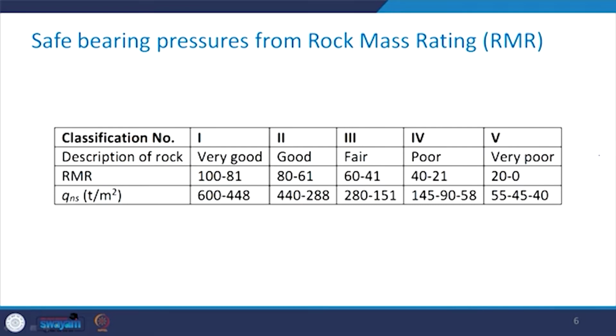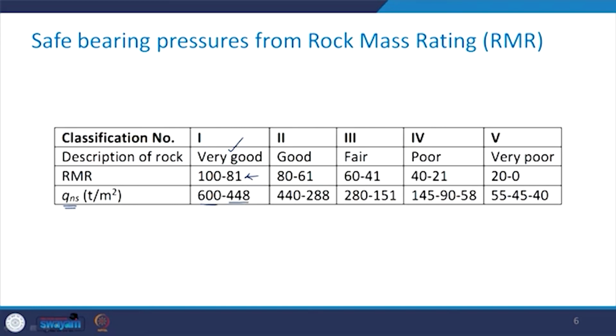So this table gives you the idea about the value of RMR and the corresponding value of allowable bearing pressure, QNS. If you have very good rock, its corresponding RMR would be 100 to 81, and the value of the safe bearing pressure can be taken as 600 to 448.